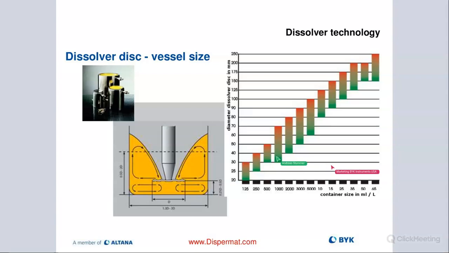And then as my viscosity increases, I would use a larger blade diameter, all the way up to 70 millimeter. So you can see there's quite a range, but the rule of thumb is optimum is about 1/3. That means also that the viscosity of the mill base has been optimized to get a good, proper dispersion.